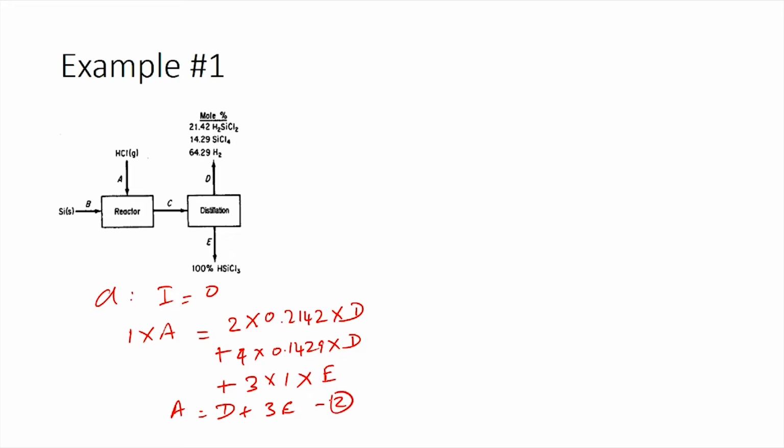So, next we can write the balance equation for hydrogen. The hydrogen balance again, which is input equals output, using the same principles we have used till now.